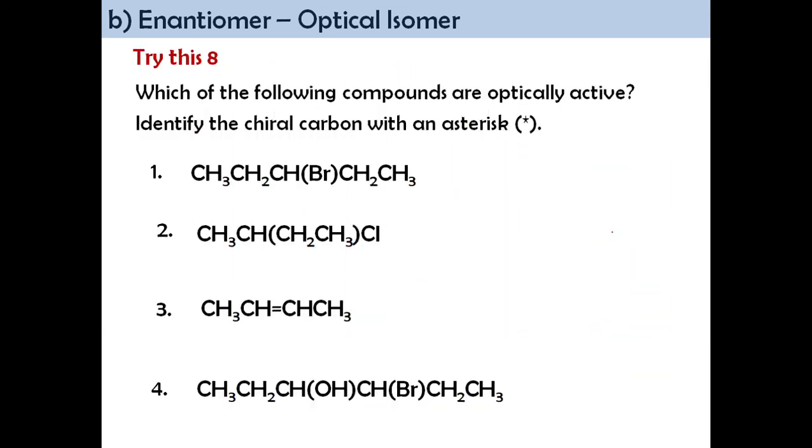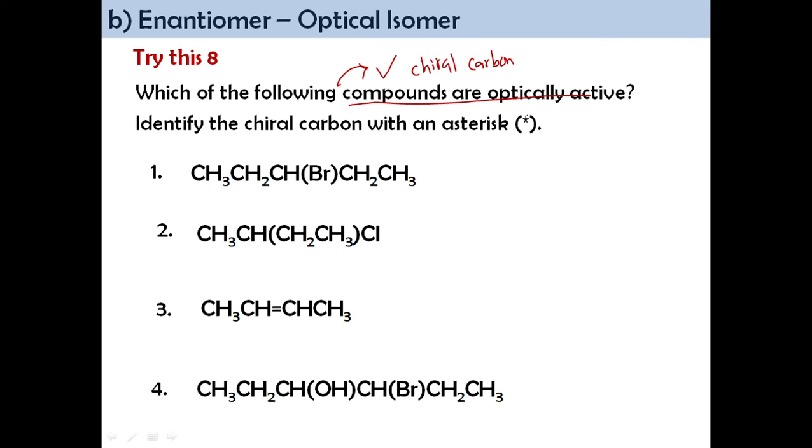Okay, so untuk try this 8, kita akan guna apa yang kita dah belajar tadi untuk kita cari optically active compound. What is optically active compound? So, ini bermaksud compound tersebut ada chiral carbon atau chiral center. So, kalau compound tersebut ada chiral carbon, bermaksud dia optically active.